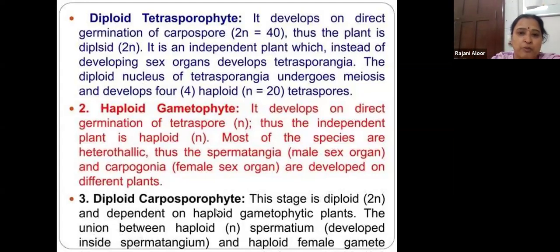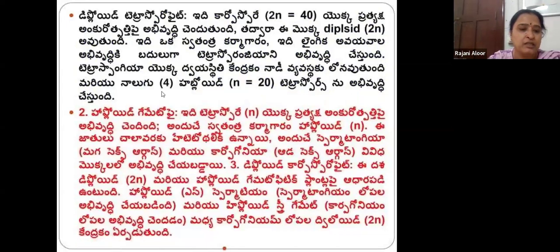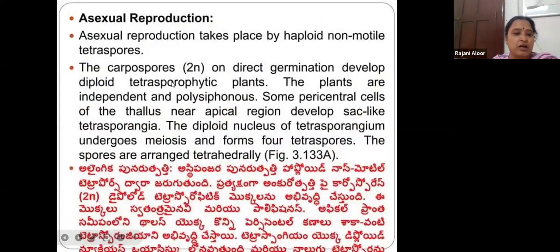These two, at the 2n stage, form a nucleus inside the carpogonium. Further development of the diploid nucleus forms the diploid carposporophyte.